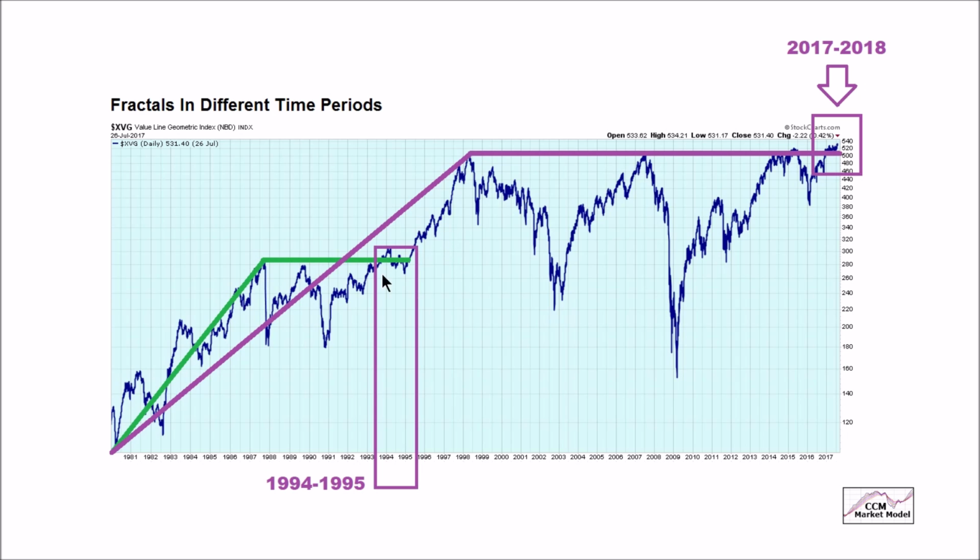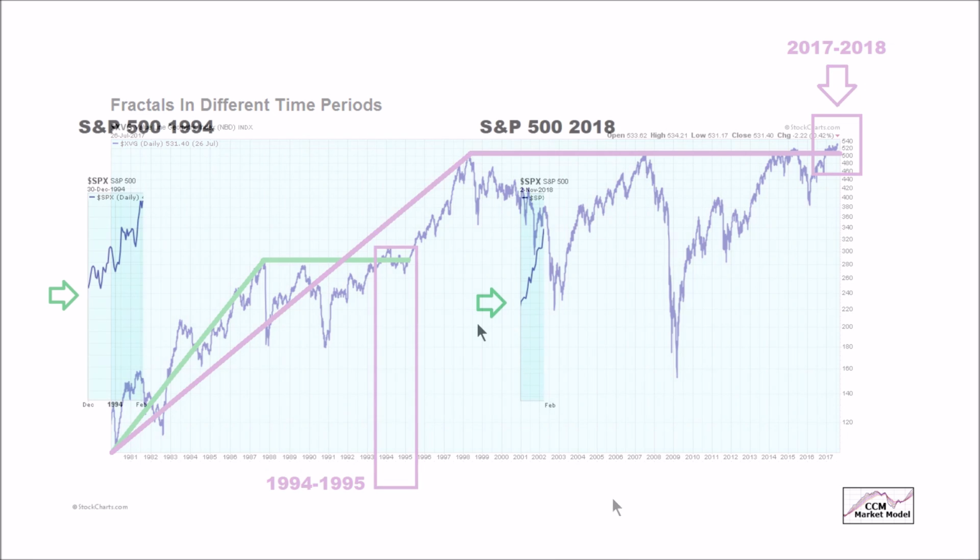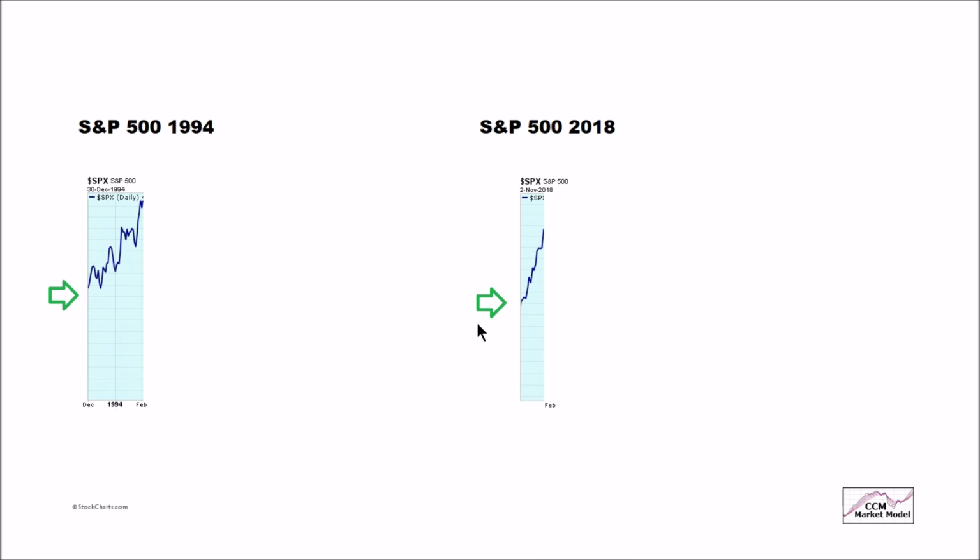So let's zero in on this weakness and this retest type look and compare it to the present day, or November of 2018. Since the S&P 500 is what we're concerned about, our model is built around the S&P 500, we'll be using the S&P 500 in this part of the analysis.